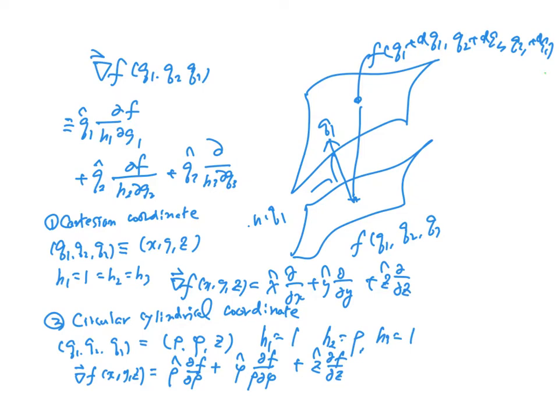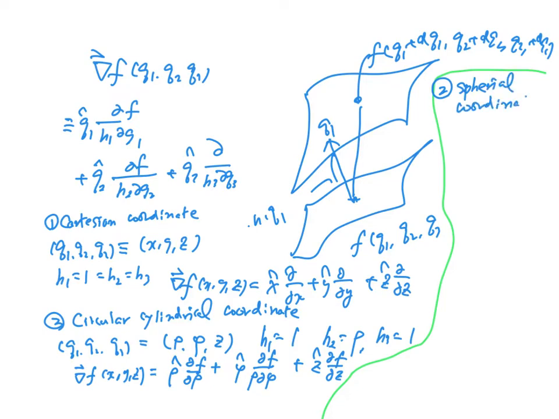Okay, let's save some space here. Spherical coordinate. Spherical coordinate is Q1, Q2, Q3 equal r, theta, phi, and H1 is still 1, H2 is r, H3 is r sine theta.